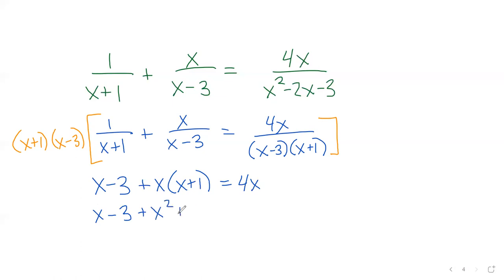So a little algebra to do here. We want, again, it's a quadratic. We want that side to equal 0. See if I can do this all at once here. So start with the x squared. We'll have x plus x is 2x minus 4x is minus 2x.